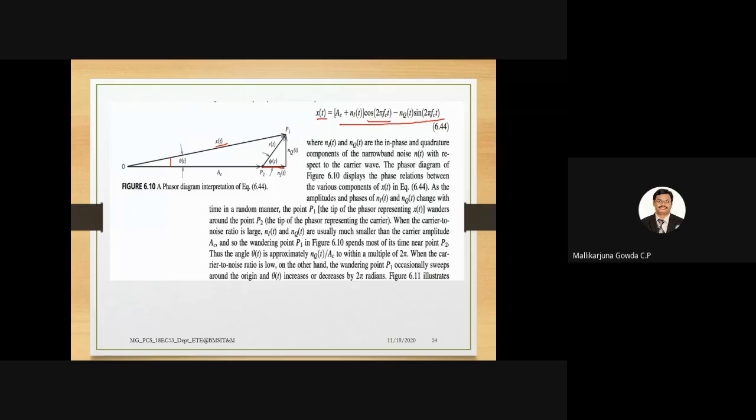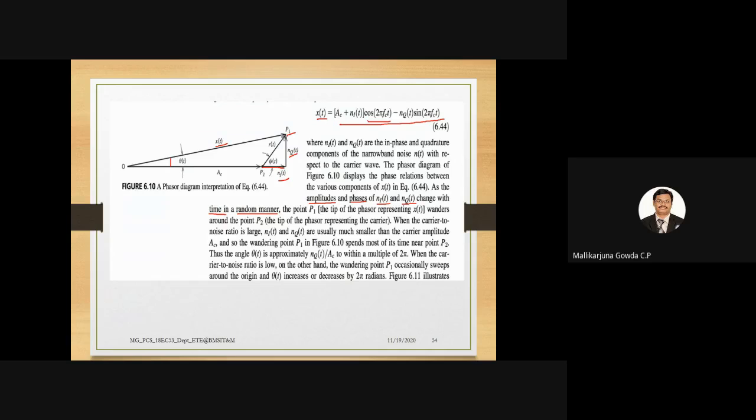Please take this point. So with that, I have a point P1, I was telling, right?